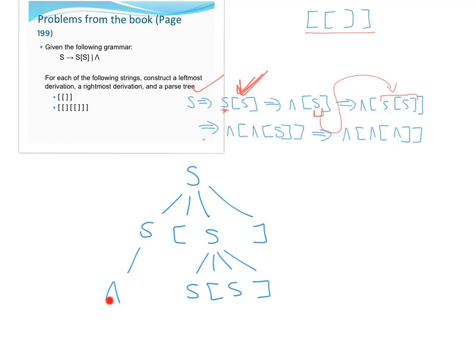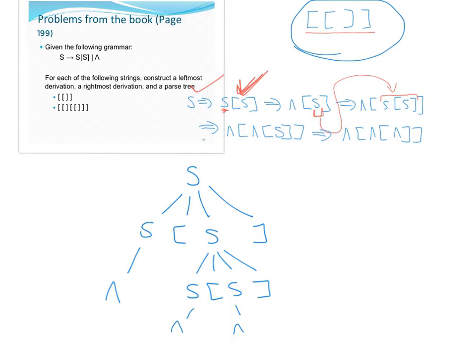If you just look at the leaves of the tree so far, that shows us what's in our sentential form, right? Again, we are going to expand the leftmost non-terminal. We expanded this one. We're expanding this one. So that goes to lambda, and then we do the next one, and that goes to lambda. So there you go. That is the leftmost derivation and the parse tree for that.